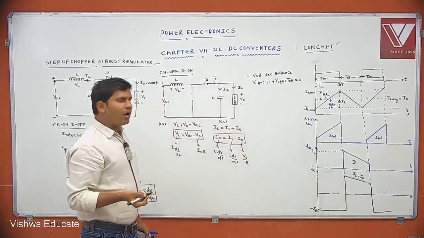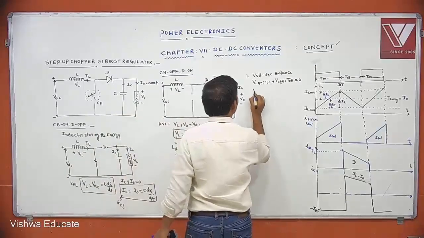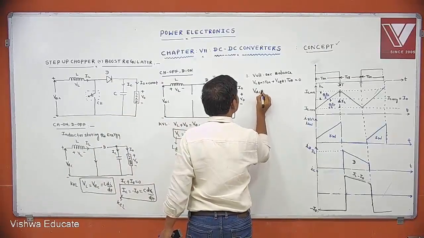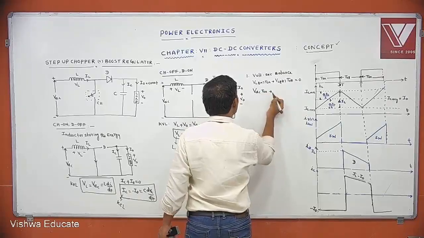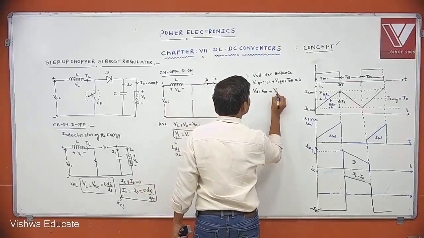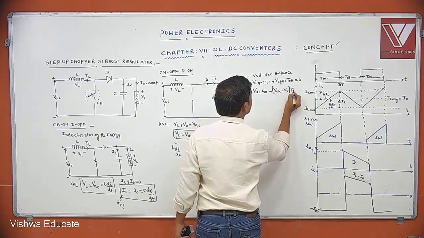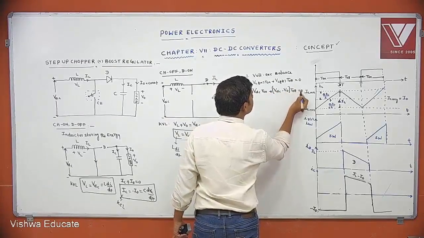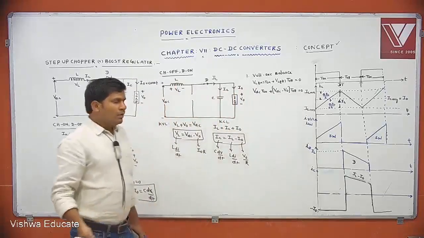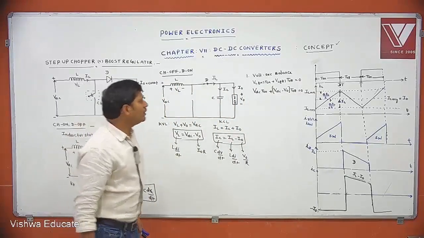What is VL on? VL on is VDC. VDC into T on plus, what is VL off? VL off is VDC minus V naught, into T off, is equal to 0. VDC into T on, that is V naught minus VDC into T off.